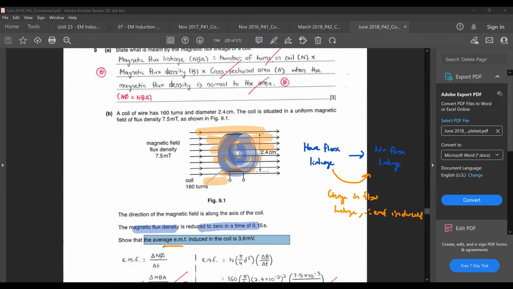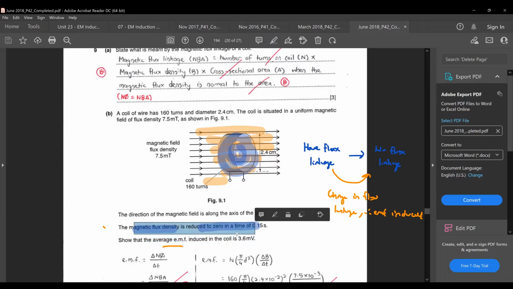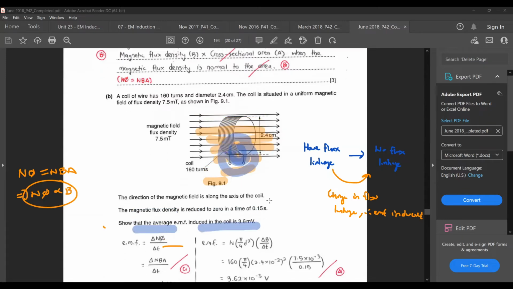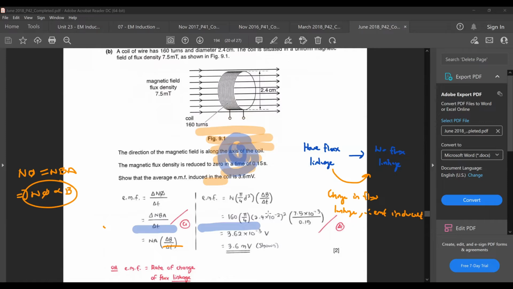Show that the average EMF induced in the coil is 3.6 millivolts when they suddenly reduce the magnetic flux density to 0. When your magnetic flux density is reduced to 0, your flux linkage is reduced to 0, because we know from the earlier equation that N phi is NBA, so flux linkage is proportional to B. Based on that knowledge, we know that EMF is equal to rate of change of flux linkage.